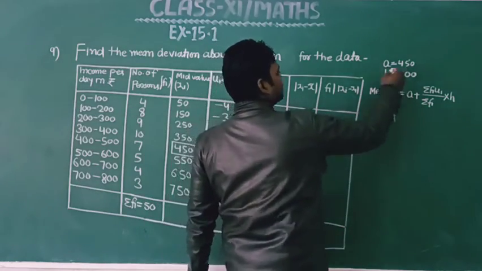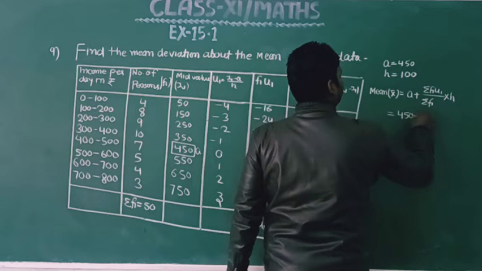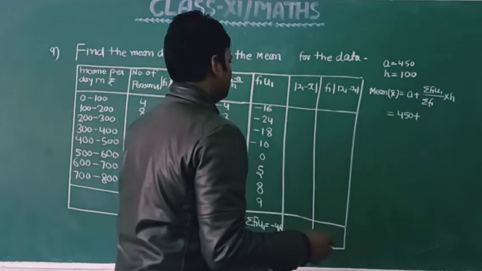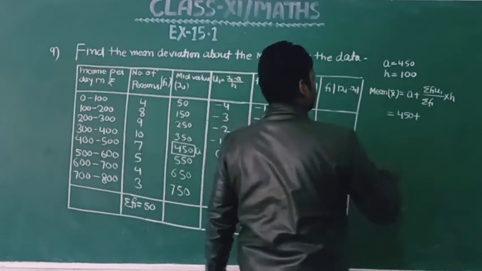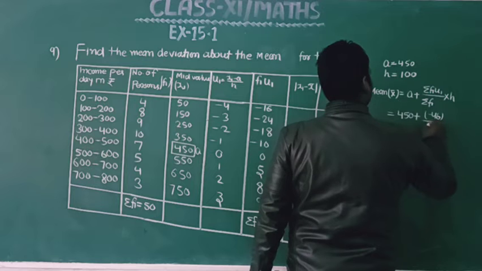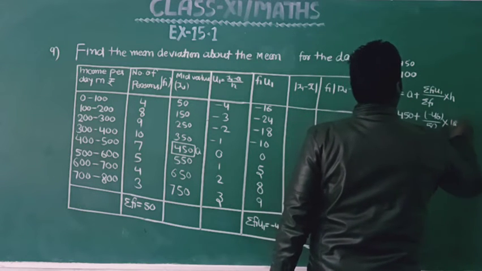Here a is 450, so this is 450 plus minus 46 divided by 50 into h, which is 100.